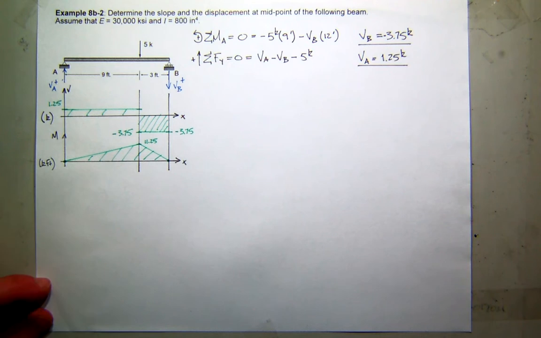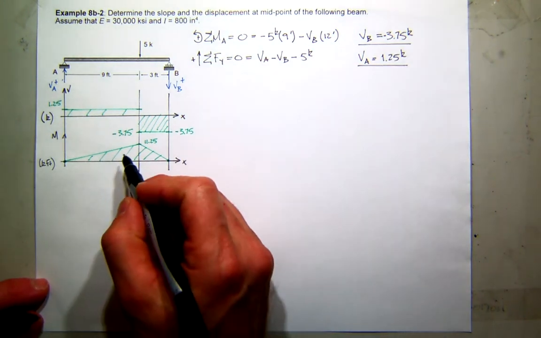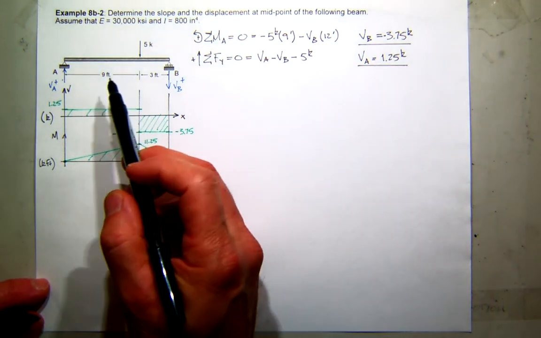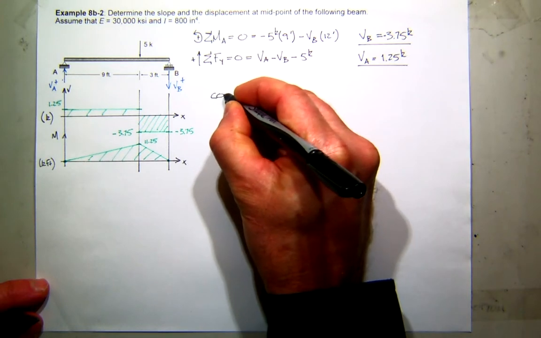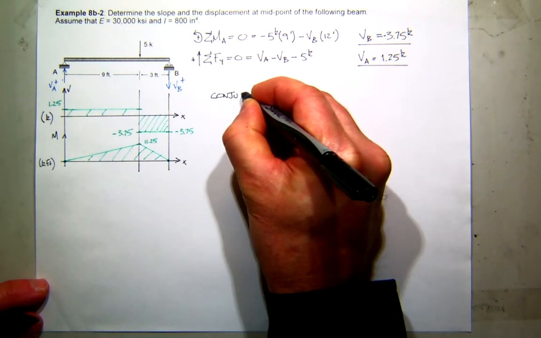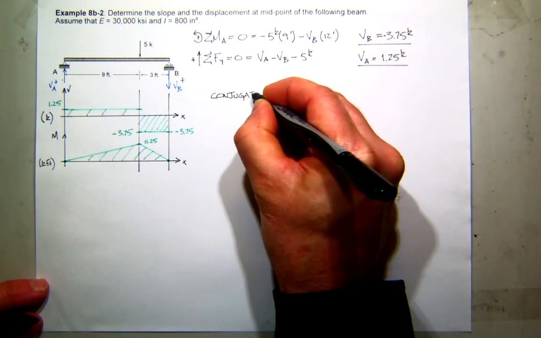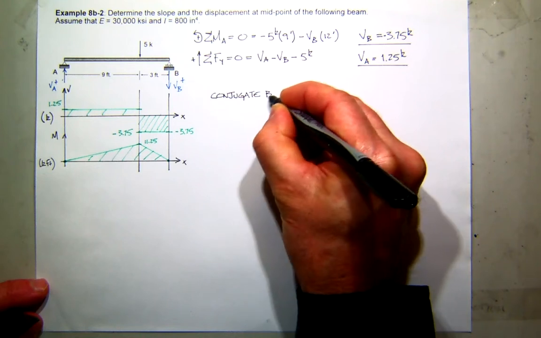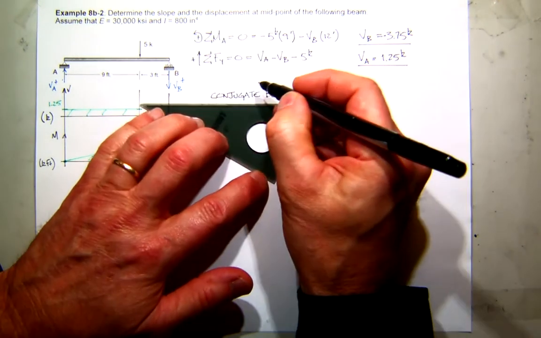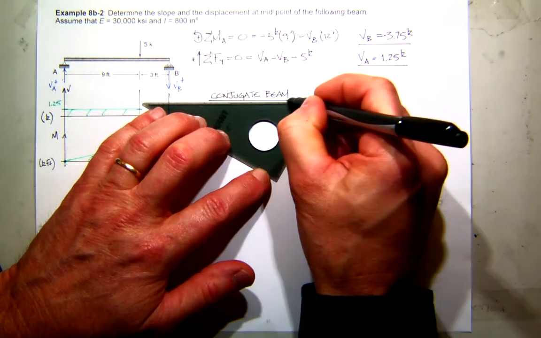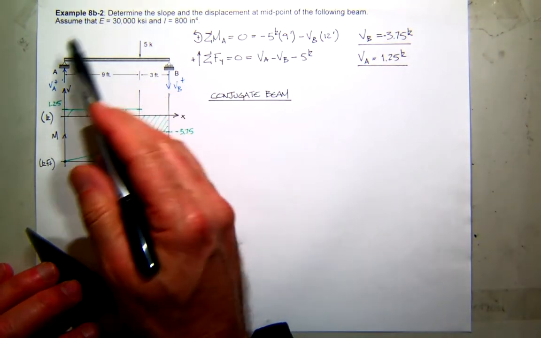So now what I'm going to do is apply this moment diagram to the conjugate beam. The first thing I want to do is come over here and construct my conjugate beam. Now the conjugate beam, remember the conditions from the real beam to the conjugate beam. So let's examine our beam.